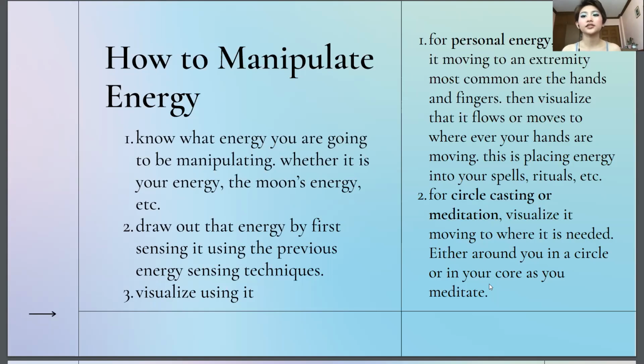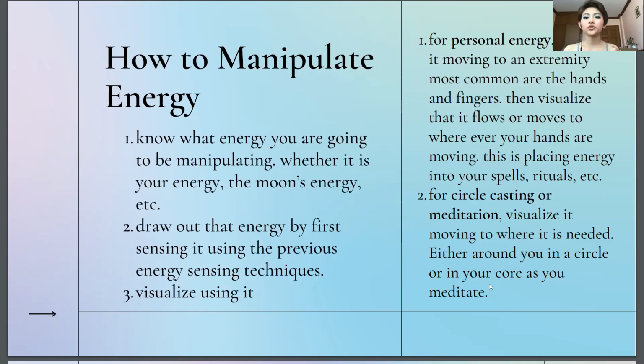Next is drawing out that energy by first sensing it using previous energy sensing techniques. So draw it out. I already taught how to draw it out. And next you have to visualize using it. So here on the side, I have personal energy. Using your own personal energy is best done for spell work and rituals. Visualize it moving to an extremity.